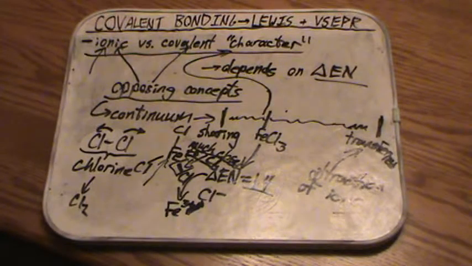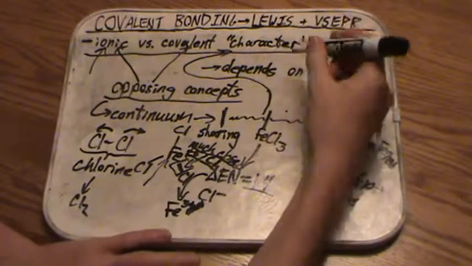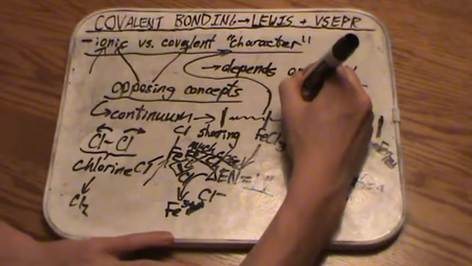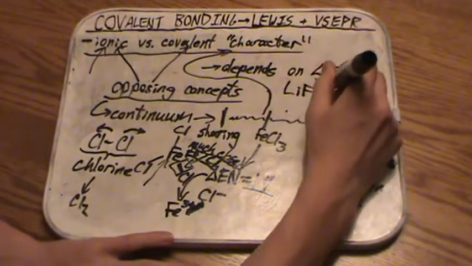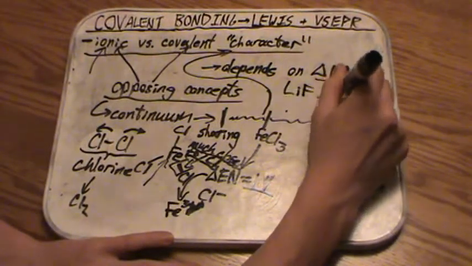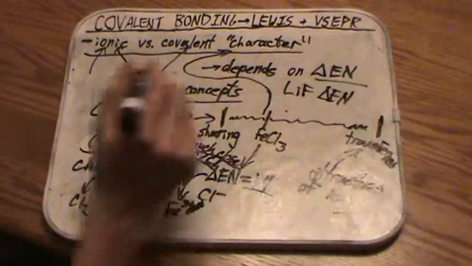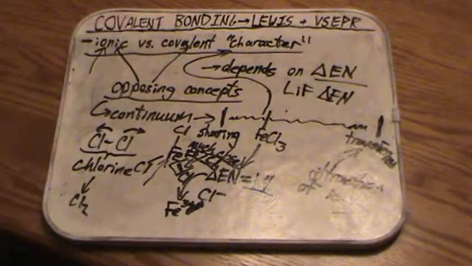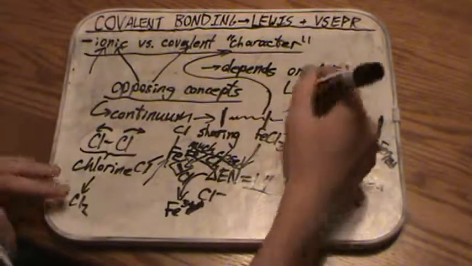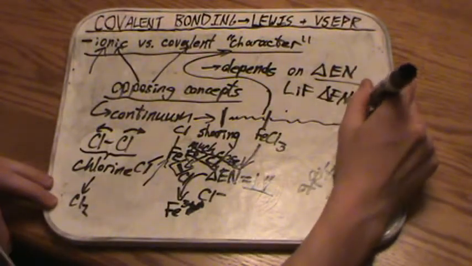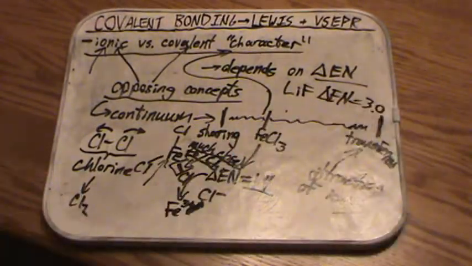And so this idea of this continuum, because as we know, FeCl3 has an electronegativity difference of 1.4. You compare it to different electronegativity differences of, say, the compound LiF, which has a difference in electronegativity of 3.0.